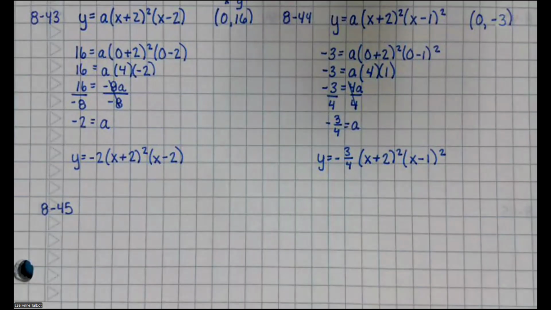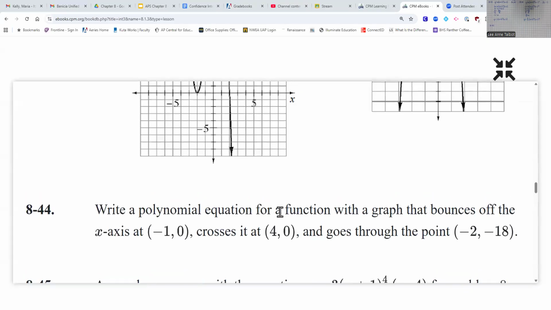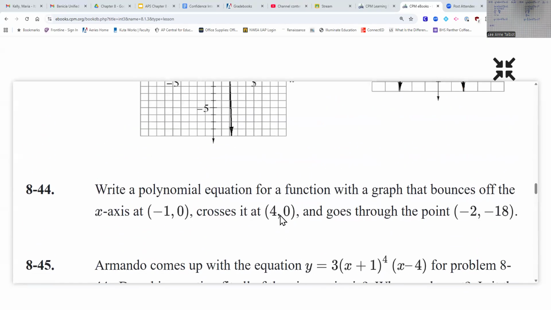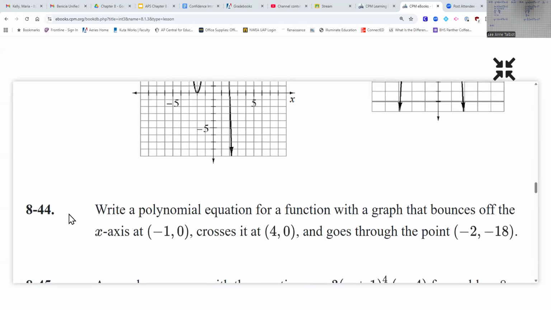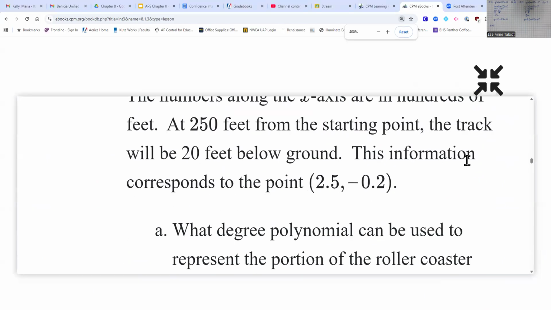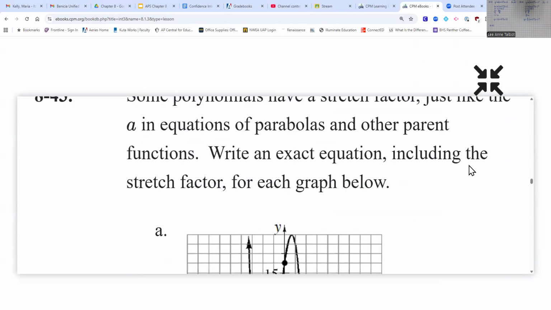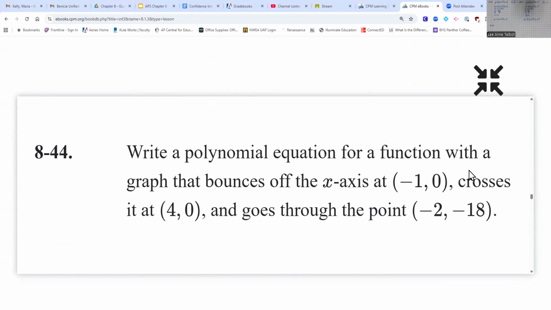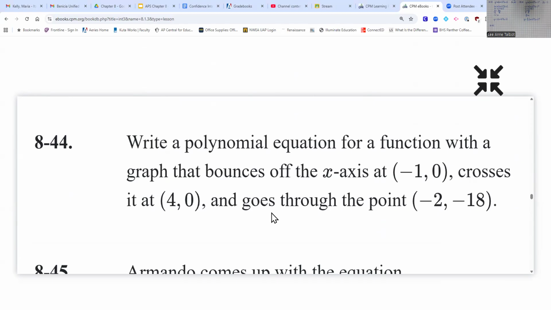Except I think it's actually 44 in the book. Okay. So pretend this is 45. Just ignore the 44. I don't want to do 45, it's dumb. So you're doing this one next to the 8-45 spot. I know, it's weird.